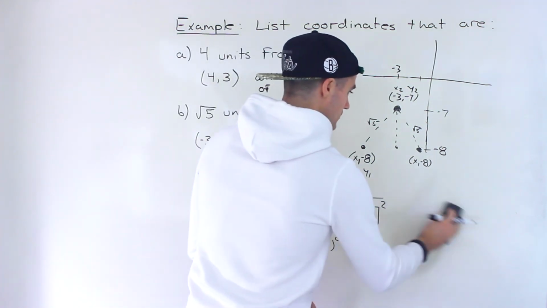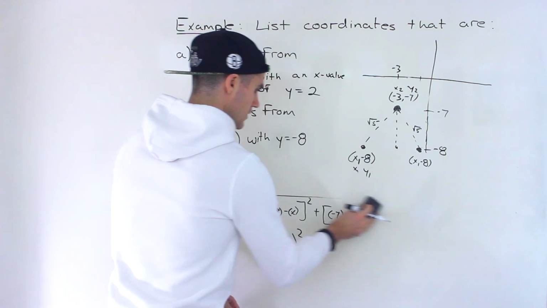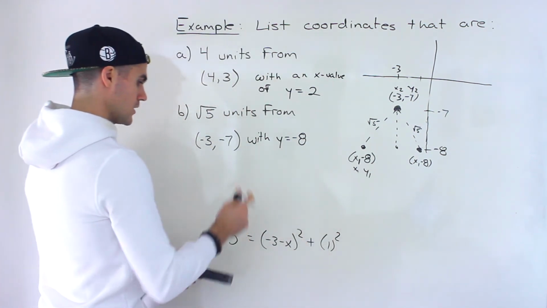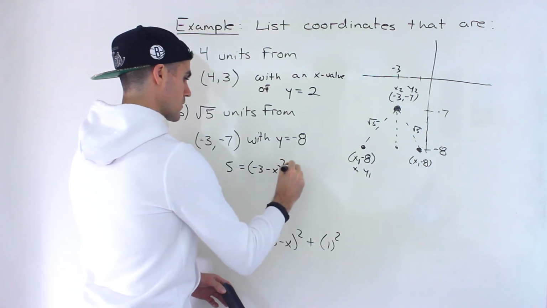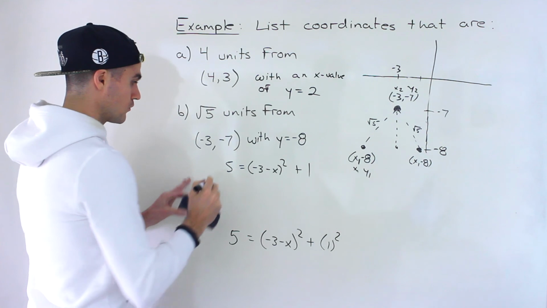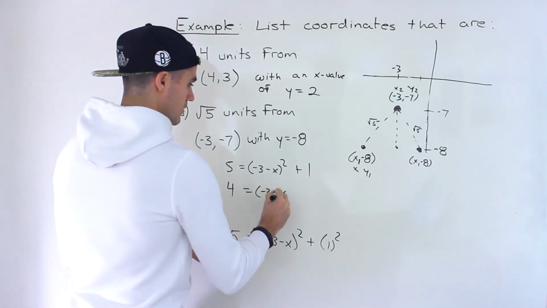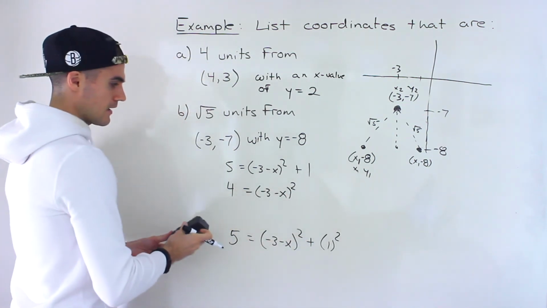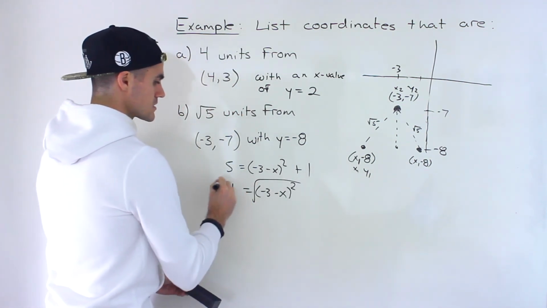So we'd end up with 5 equals (negative 3 minus x) squared plus 1. Bring the 1 over. 5 minus 1 would give us 4.